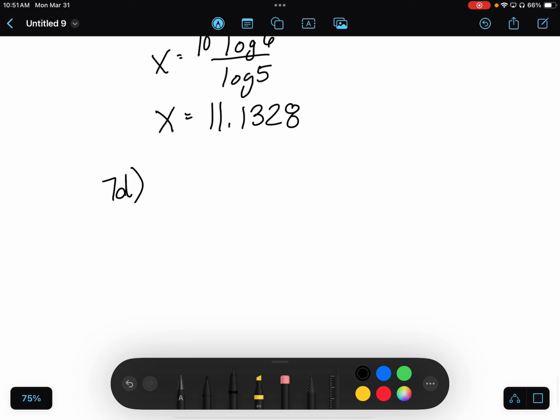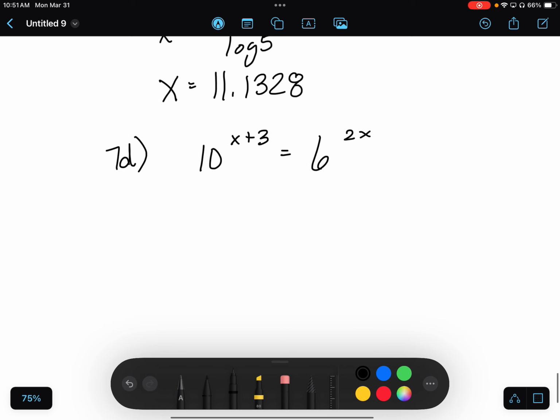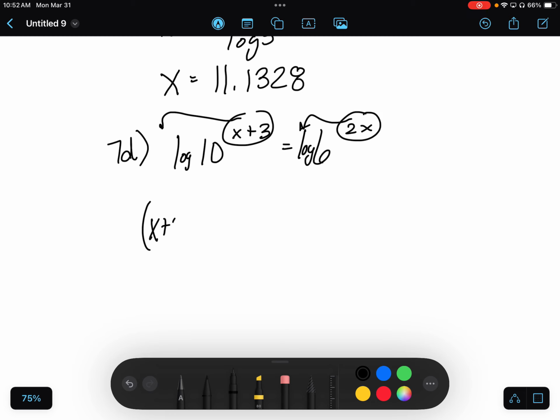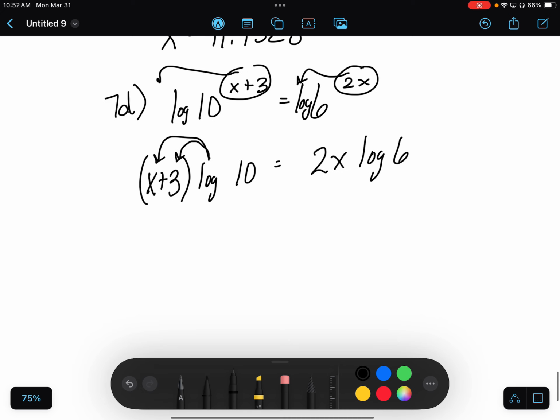7D. Can I make a 10 into a 6 or a 6 into a 10? No. So if I log both sides, that allows me to pull these to the front. X plus 3 times the log of 10 equals 2x log of 6. Now the issue is you have x's on both sides, and since you have a multiplication going on with binomial, I'm going to distribute the log of 10 to both.